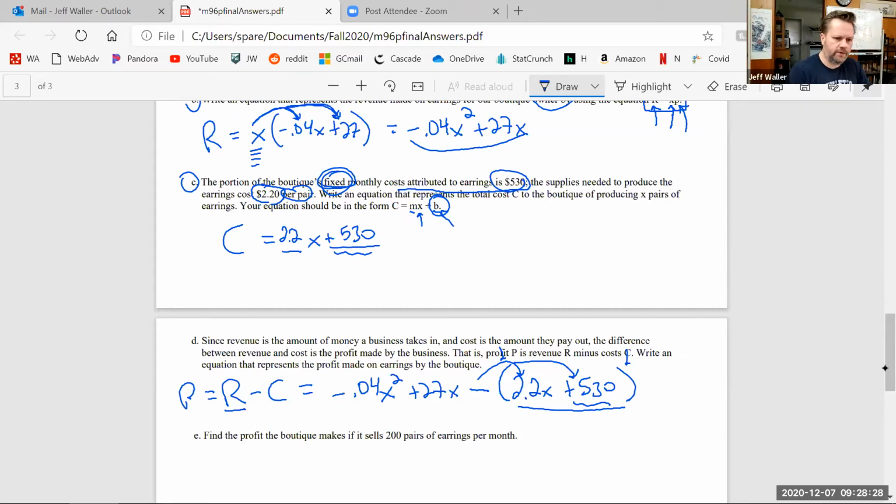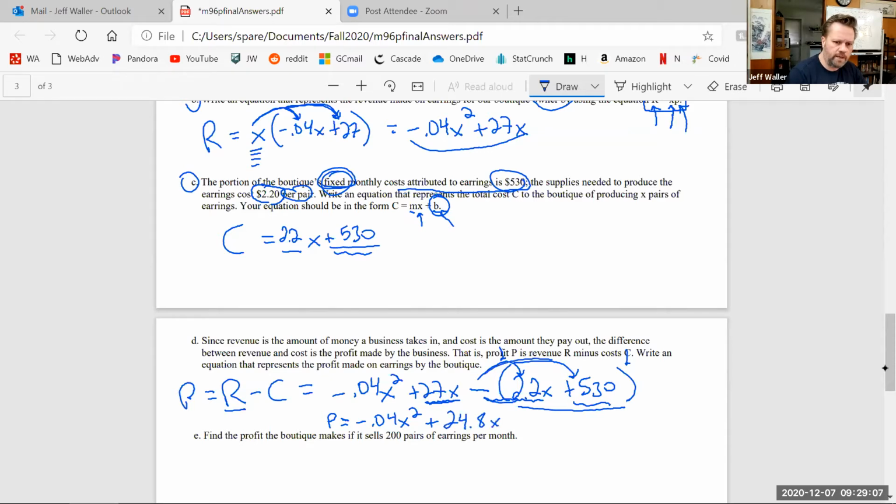All right, so what do we get for our profit? We get negative 0.04x squared plus 27 minus 2.2. So what do you get there? $24.80. 24.8, I like it.